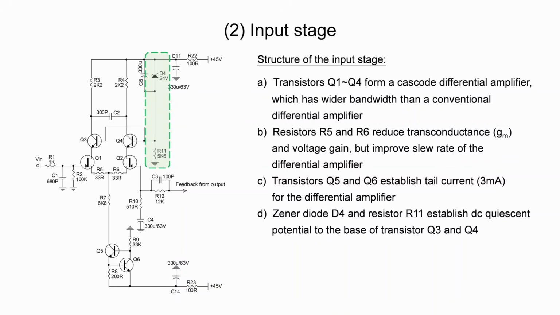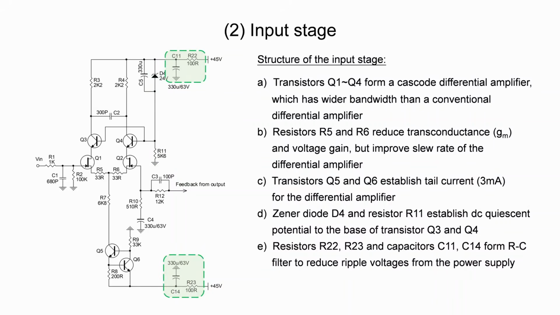Zener diode D4 and resistor R11 establish a DC quiescent potential to the base of transistors Q3 and Q4. Because the entire power amplifier shares the same DC power supply, the ripple voltage in the power supply will inevitably pass to the input stage.